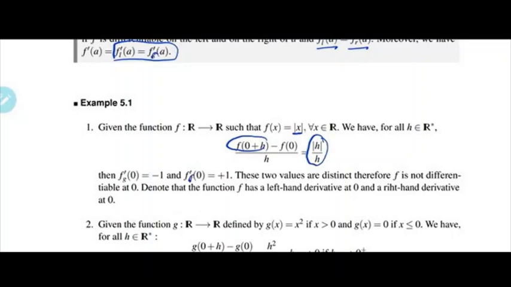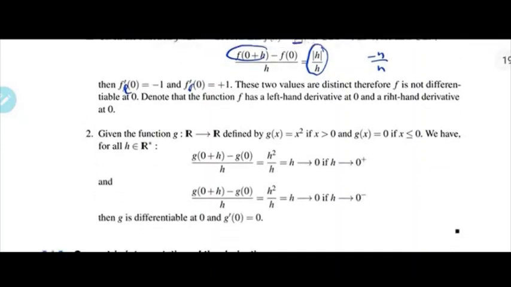And if you go from the left, the limit will be minus 1, because it will be minus h over h when h tends to 0 minus. So these two values are distinct, so f is not differentiable at 0, because the limit exists on the right and on the left, but it's not the same. So f has a left-hand derivative, it has a right-hand derivative, but it doesn't have a derivative at 0.